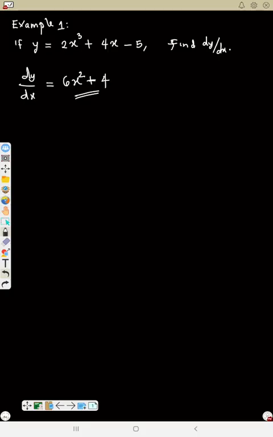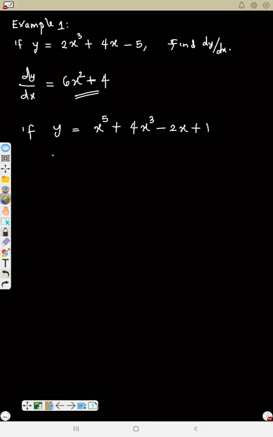Another example. Example 2. If y is equal to x raised to power 5 plus 4x raised to power 3 minus 2x plus 1, find dy dx.